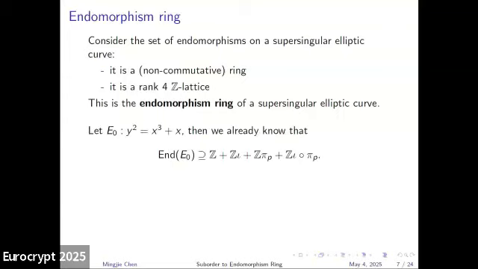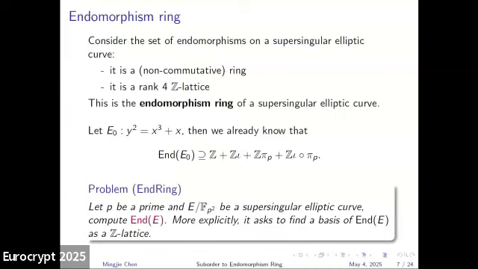So from now on, I will use E0 to denote this curve we've seen earlier. And we've already seen from the examples that this ring contains Z, Zi, Z pi_p, and Z iota composed with pi_p. So it's a sublattice of rank 4 that we know is contained in the endomorphism ring.